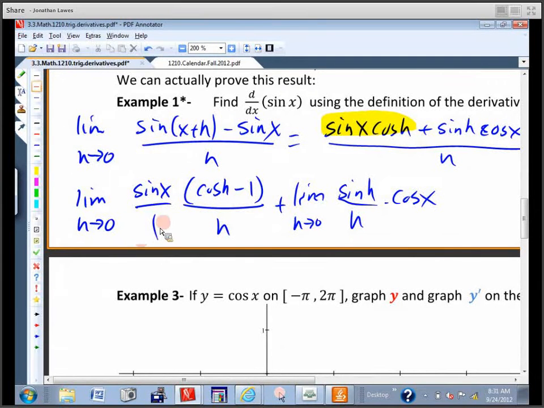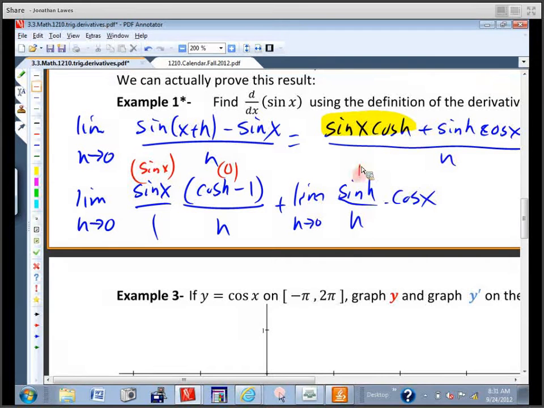As h gets closer and closer to 0, hold on, as h gets closer and closer to 0, does that affect this at all? Not a bit. So this is going to be just the sine of x. As h approaches 0, what is this limit? Look up above. It's 0. As h approaches 0, what's this limit?